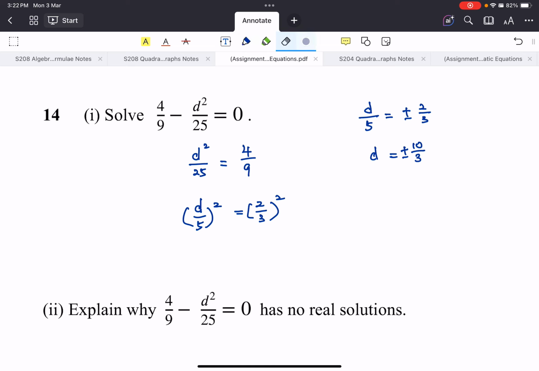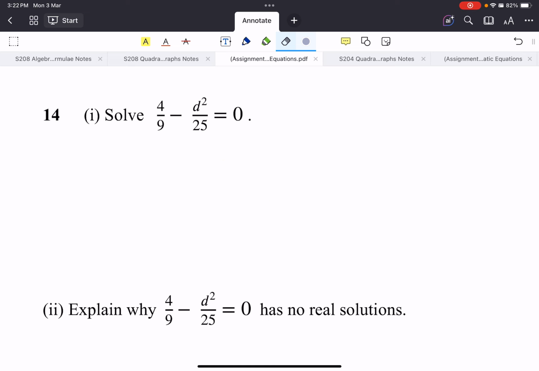Let me clear it out. Remember the answer, plus minus 10 over 3. Let's see if there is another approach to do this. Another way you can do this is 2/3 squared minus d over 5 squared equals 0.